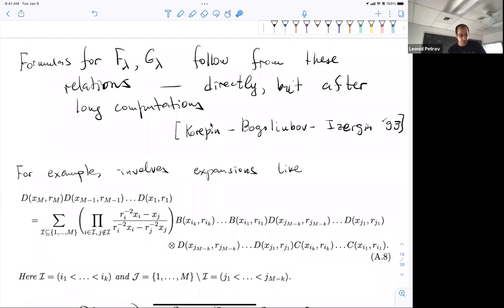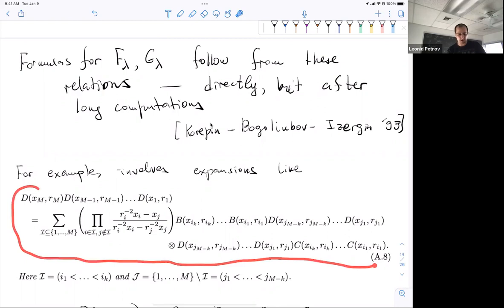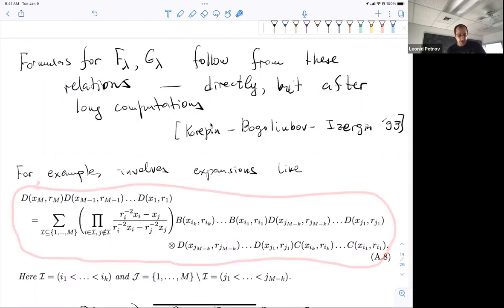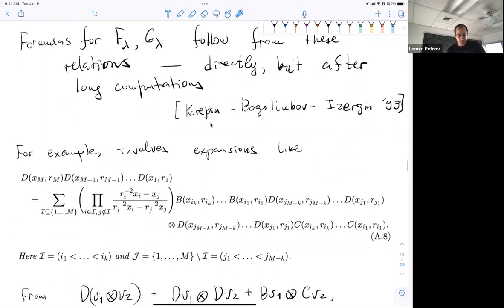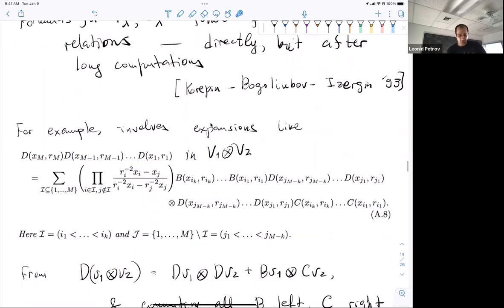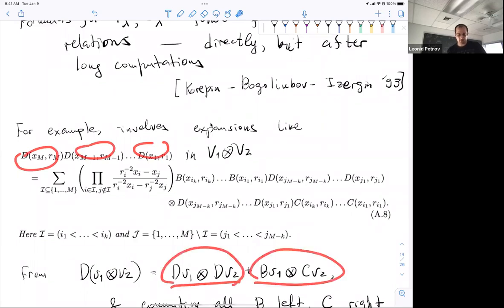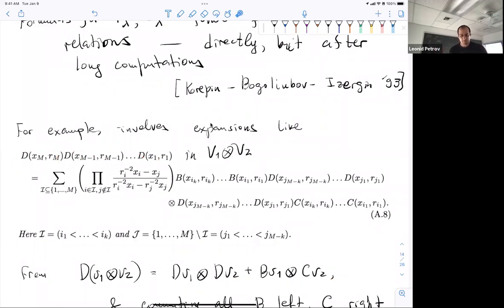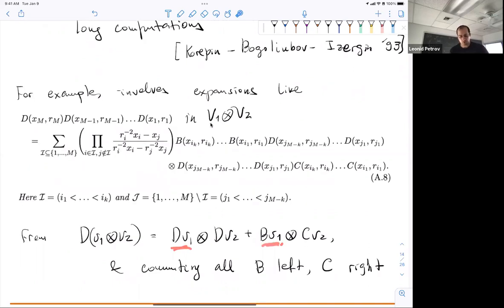So for example, you encounter things like that, where you have a product of D's or B's, and each D acts in V1 tensor V2. So how does a product of D's act in a tensor product of two spaces? Well, you use the tensor expansion, and then you do it for every operator. You have a product like here, then you open it up, and in the first tensor factor, you get a product of B's and D's in different order.